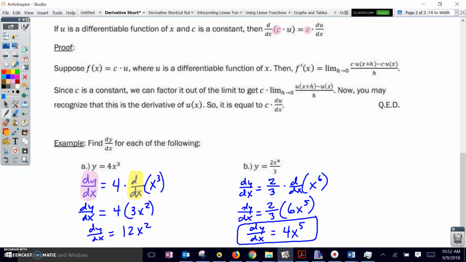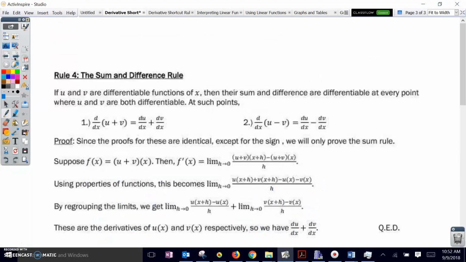And there's how the constant multiple rule works. Alright. Our next set of rules, the sum and difference rule. The first part is the sum rule, right here in yellow, and the second part here in green is the difference rule. They're very similar, which is why we talk about both of them simultaneously.